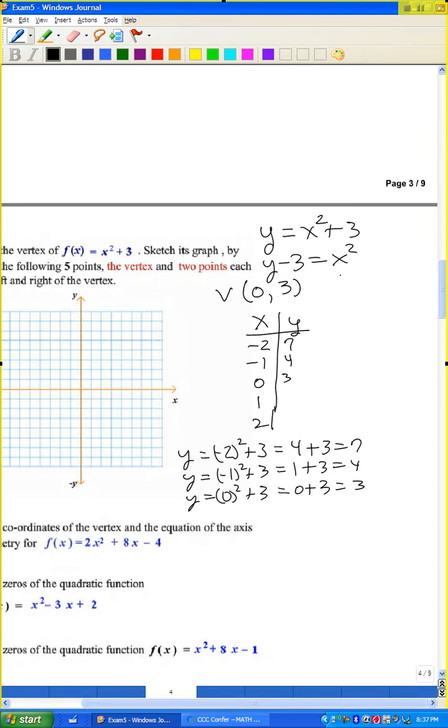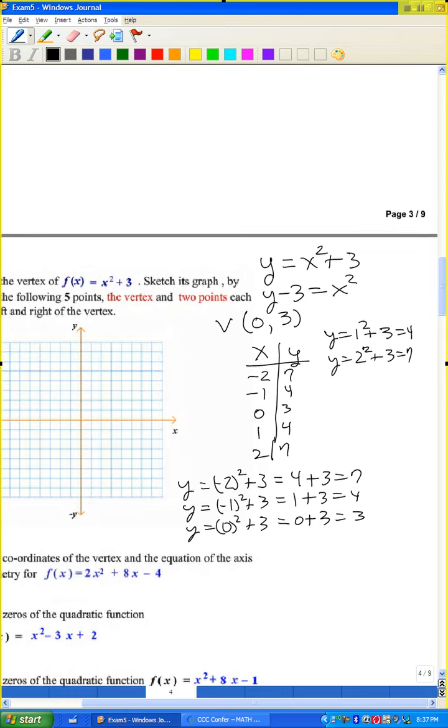Maybe I'll plug here. 1 squared plus 3 is 4. 2 squared, 4 plus 3 is 7.